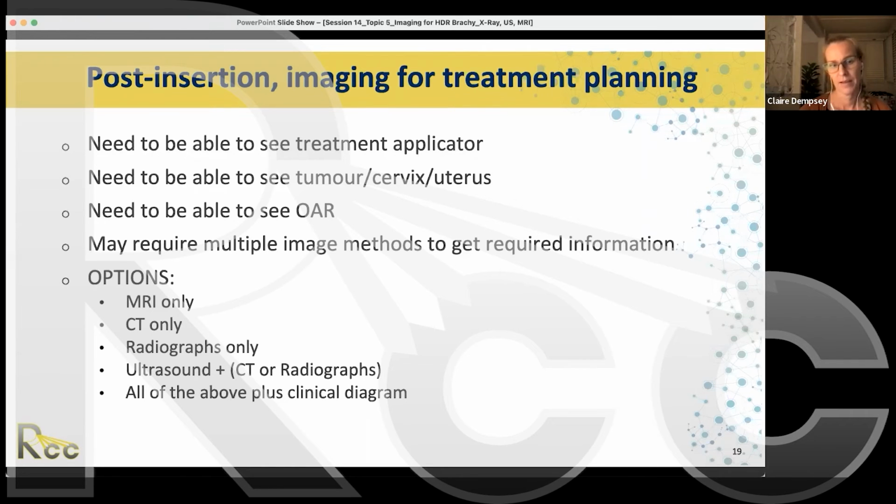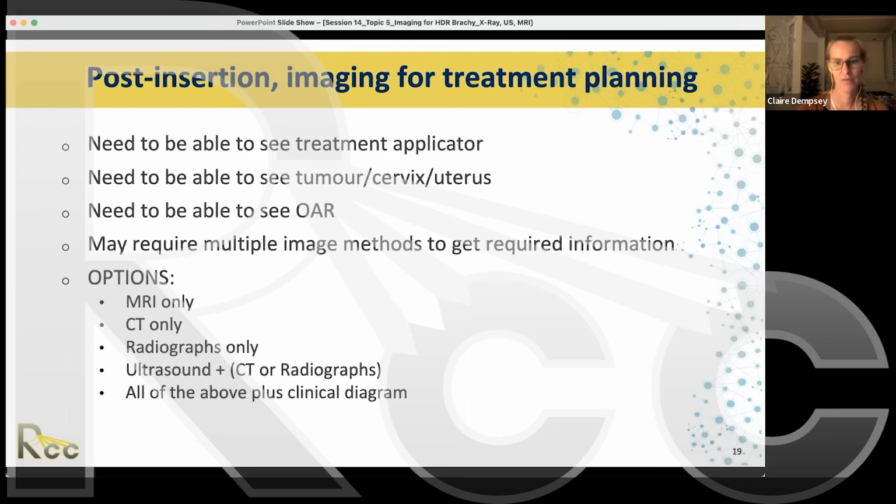What we could have is ultrasound plus CT or radiographs. So ultrasound allows us to see the tumor or the soft tissue that we need to see, that we can't see in our CT and that we can't see in our radiographs. So by combining ultrasound with another of the imaging modalities, we can actually get more information and create a better plan for the patient.